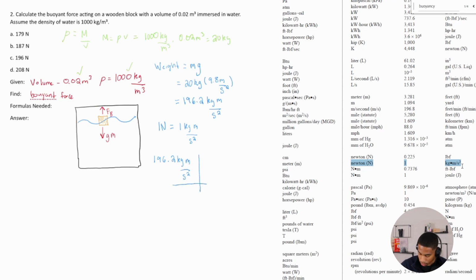And if we do a unit conversion, 1 kg m over s squared is equal to 1 Newton. So these units cancel and we just are left with 196.2 newtons, which closest answer would be C.